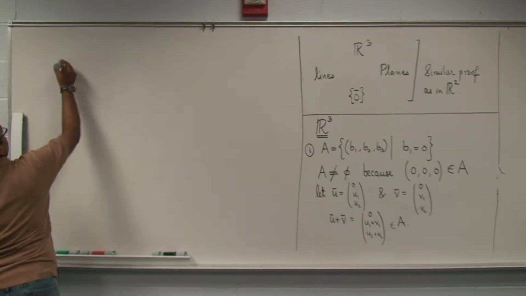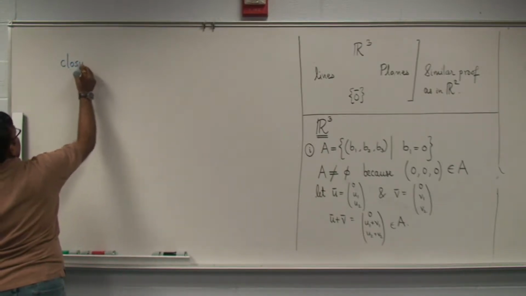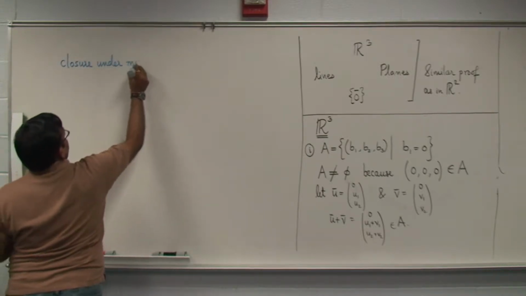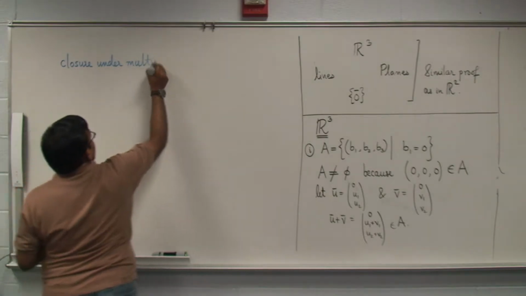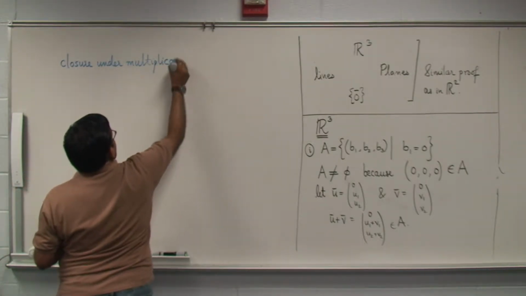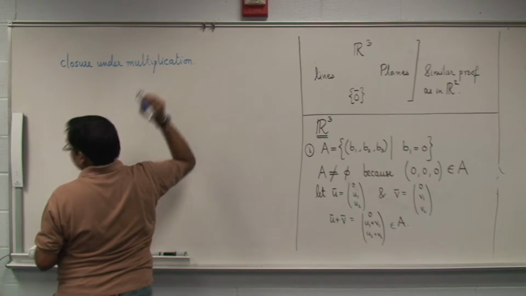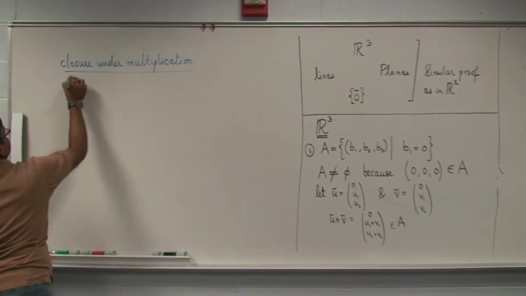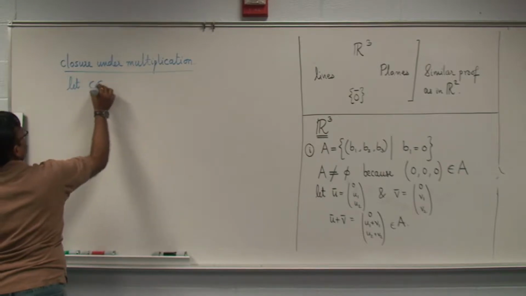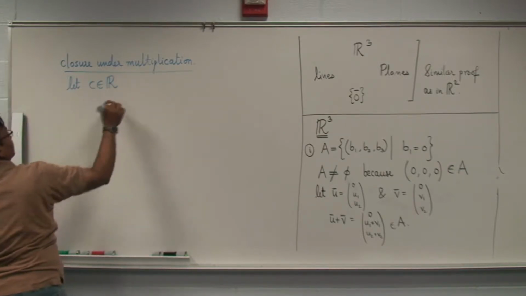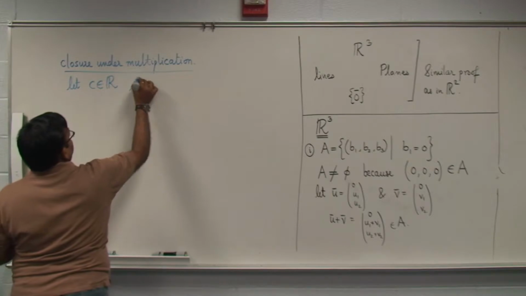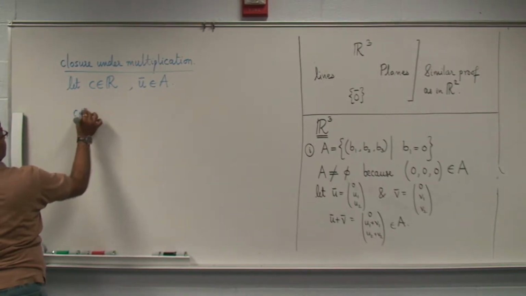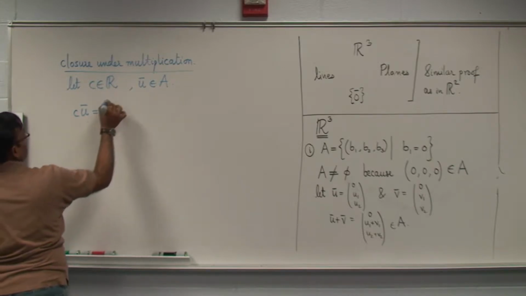So, closure under multiplication. Okay. So what I do is, I pick an arbitrary real number, let me call it C, and I pick a vector in my subset A, and then I talk about multiplying the vector by this scalar.